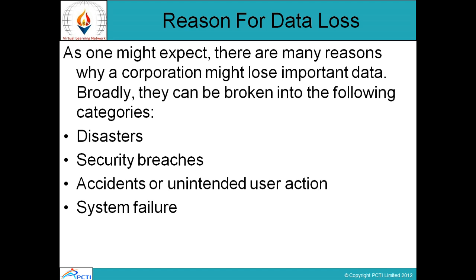Next is system failure, which often causes data loss, and the most famous type of failure is the hard drive crash. Although hard drives don't fail as frequently as they once did, failures are still a major problem for many system administrators. I hope these reasons for data loss, and why we need to protect data, are clear to you.